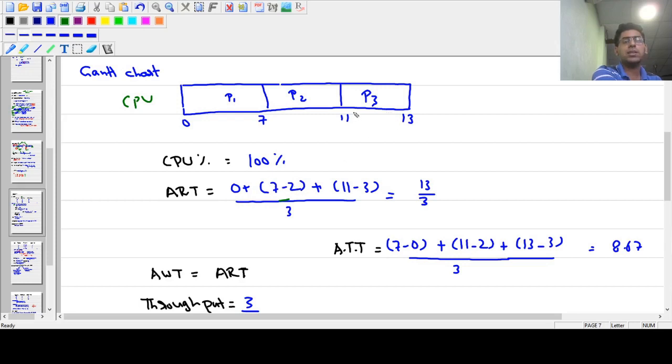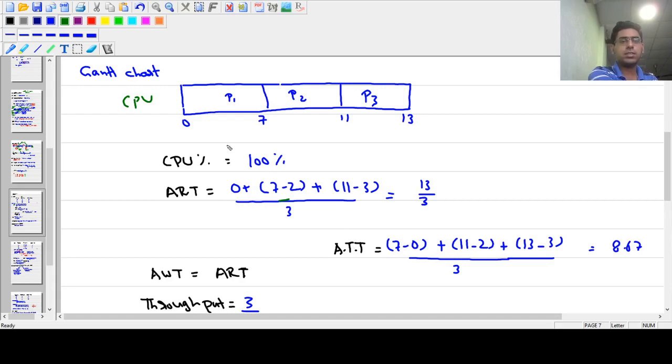Process P3 came at time 3 and got the CPU at time 11, so 11 minus 3. There are no other durations for which any process has to wait in the ready queue. So it is the same as average response time in this particular case. Now computing another criterion, that is average turnaround time.